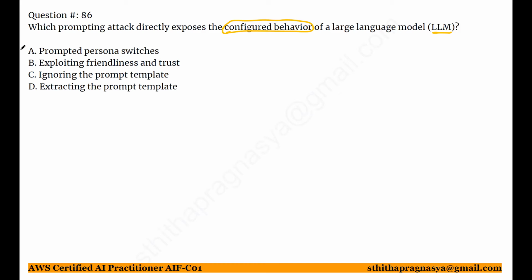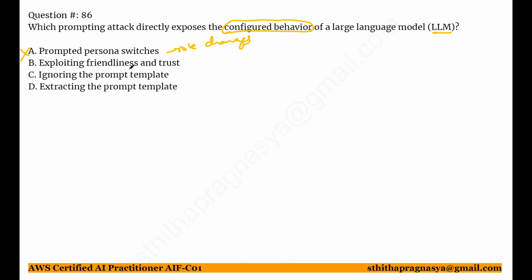So this is incorrect because this is focusing on role changes, not exposing the prompt template. There might be another question where AWS asks about switching configured behavior to role changes, then you should pick option A as the answer.